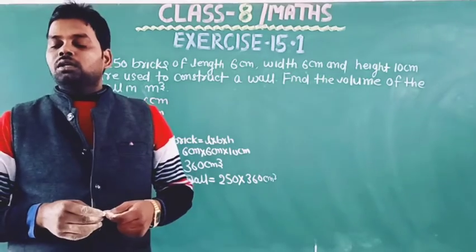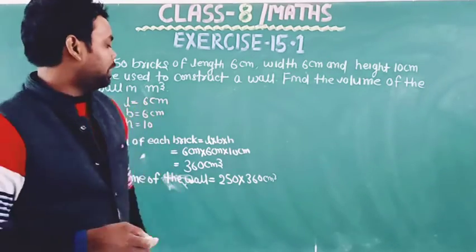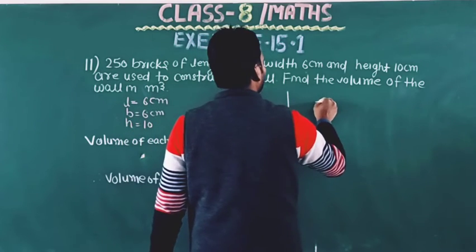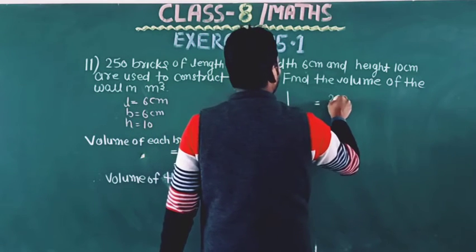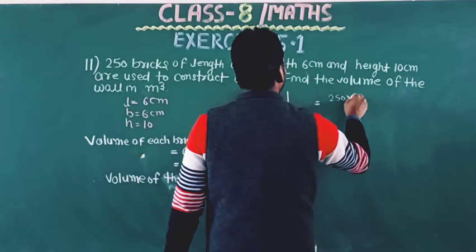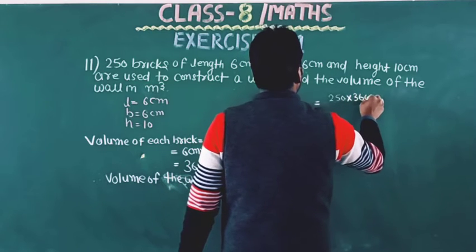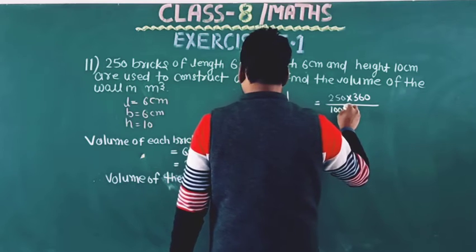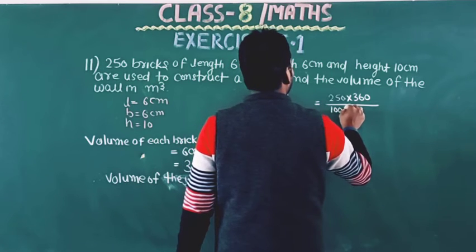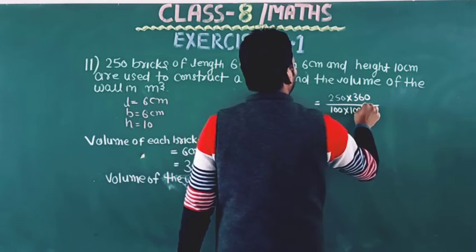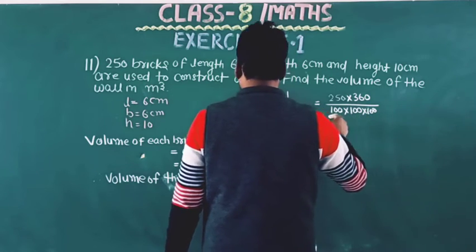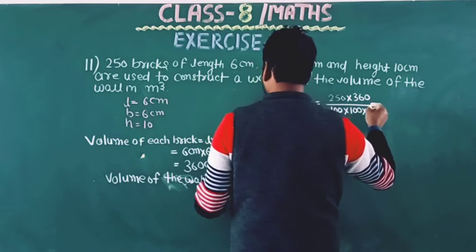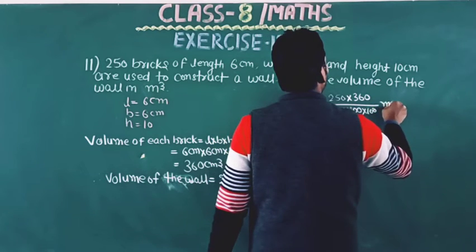But we have to find the volume of the wall in meter cube. So the volume of the wall in meter cube equal to 250 into 360 divided by 1,000,000, so it will be converted into meter cube.